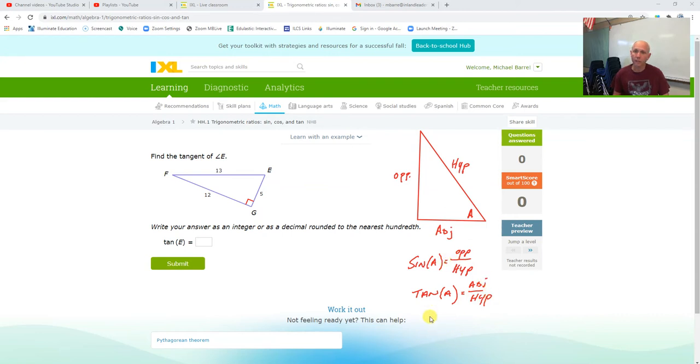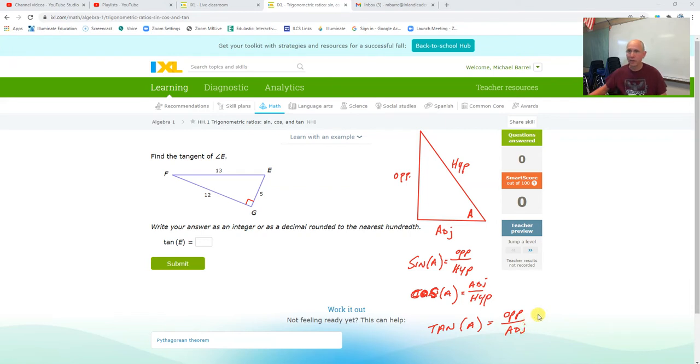And then, this should be cosine. Cosine of A. Cosine of A is adjacent over hypotenuse, and tangent of A is opposite over adjacent.